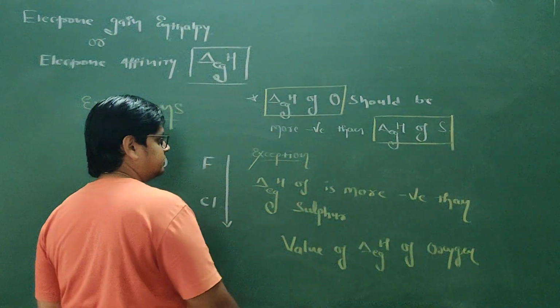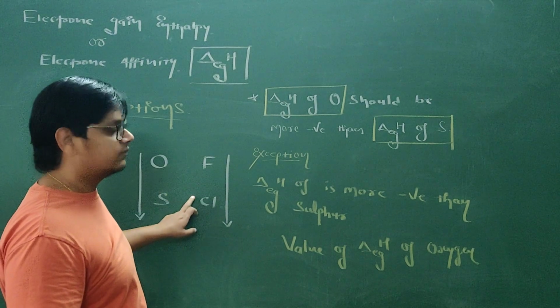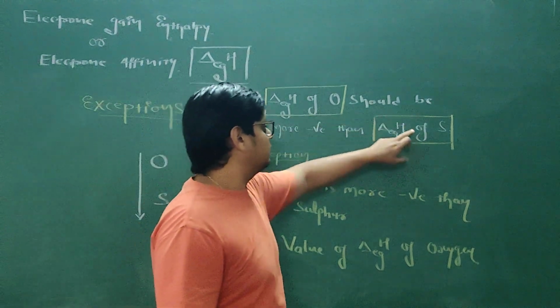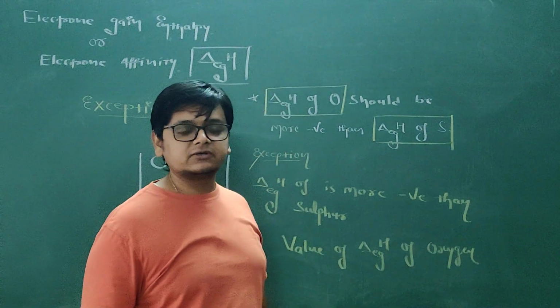The actual exception is this. The same exception can be written for fluorine and chlorine: instead of oxygen and sulfur, you can write fluorine and chlorine. Okay, this is the exception.